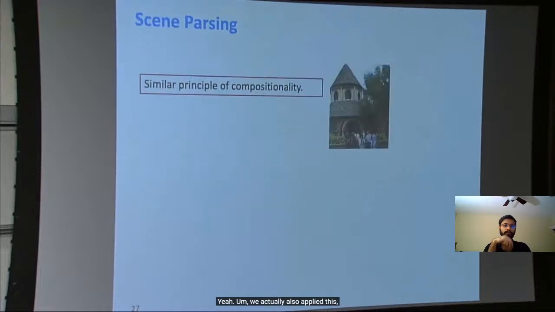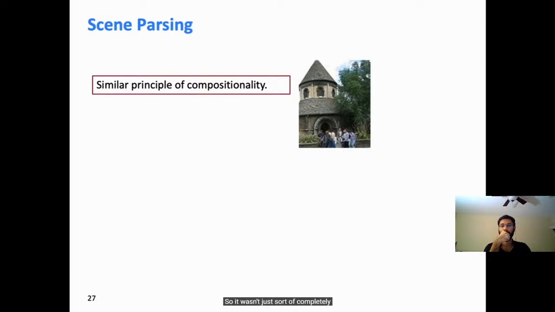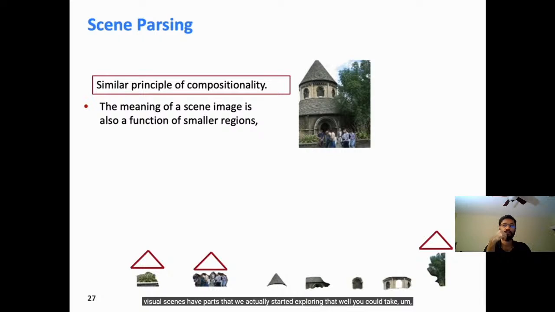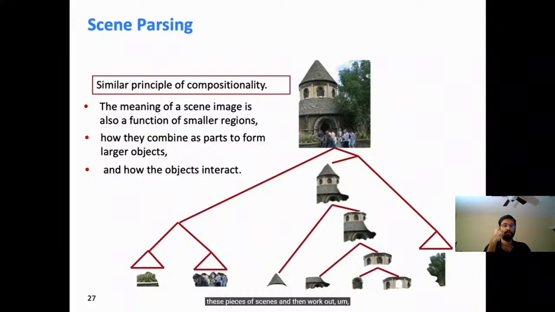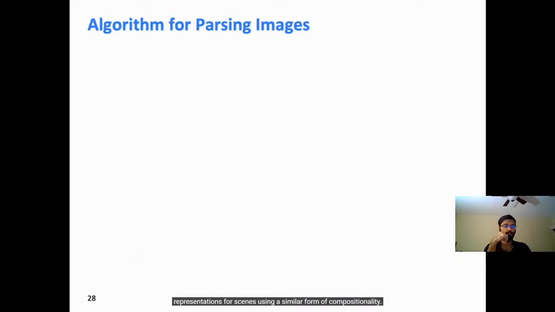We actually also applied this to vision at the same time. So it wasn't just a completely vague motivation that visual scenes have parts; we actually started exploring that, and you could take these pieces of scenes and work out representations for scenes using a similar form of compositionality.